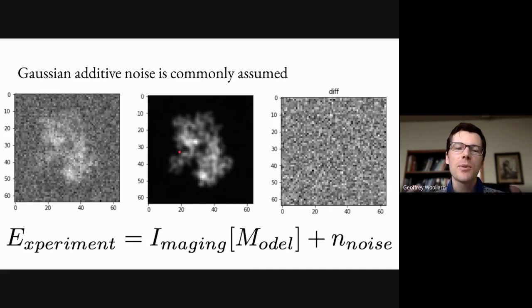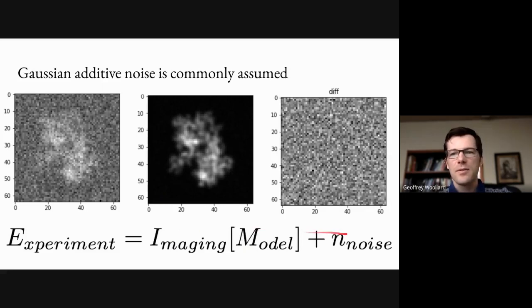And then people commonly assume Gaussian additive noise. So the problem of getting at this unobserved model is formulated as an ill-posed inverse problem with this imaging operator representing what's happening in the microscope, including the contrast transfer function and the electron optics.